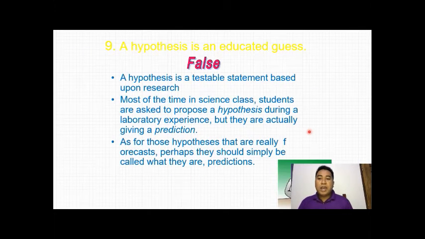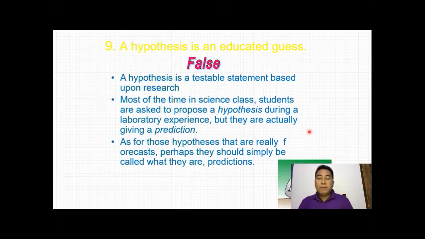The next one, a hypothesis is an educated guess. This is also false. A hypothesis is a testable statement based upon research. This is the thing that you will be basing your research upon. So you are trying to prove something, therefore you are trying to guess. This is not a guess, to be exact. This is a prediction.